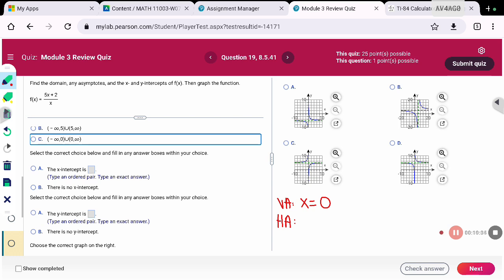The degree of the numerator is 1, and the degree of the denominator is 1. When your degrees equal each other, your horizontal asymptote is just the leading coefficients, 5 over 1, in other words, at y equals 5.